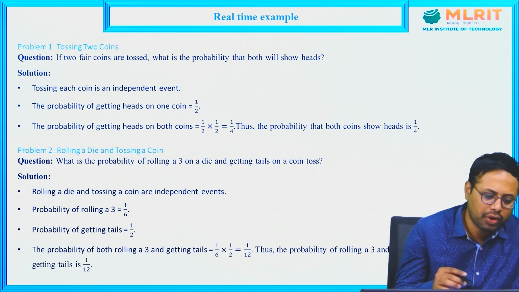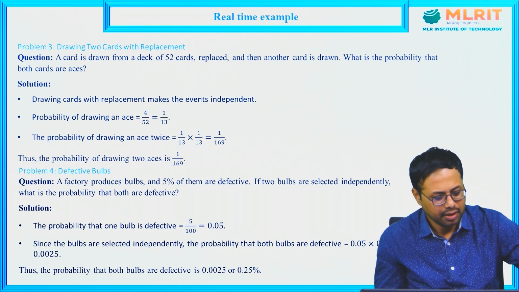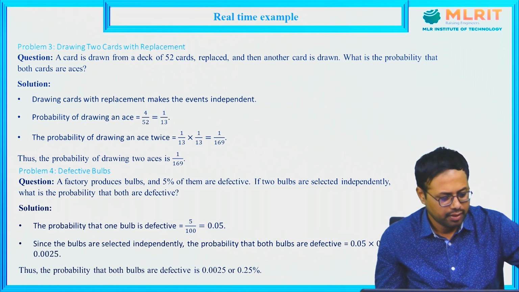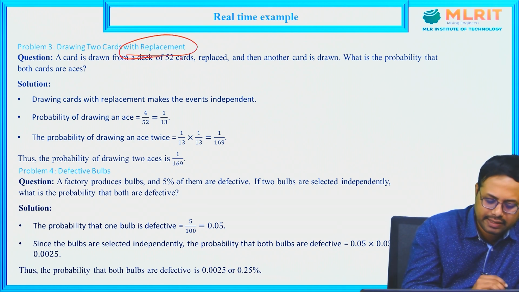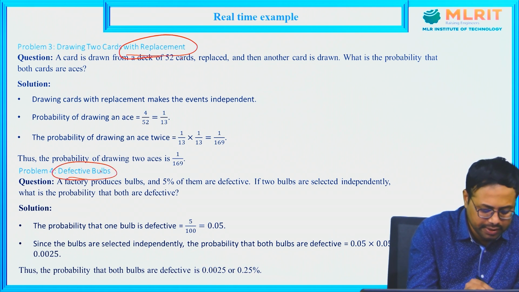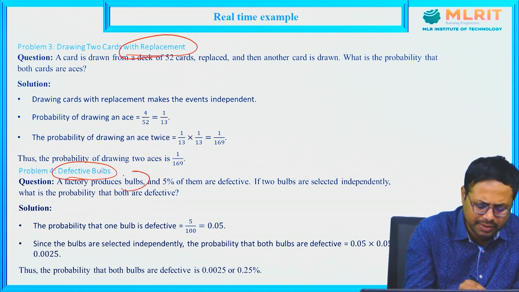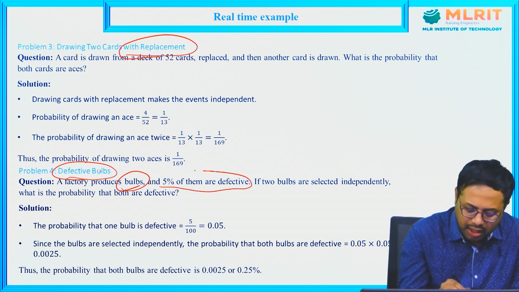Now we'll take some more examples. We already discussed these two examples, and with replacement also. Now next, defective bulbs. A factory is producing bulbs and 5% of them are defective.